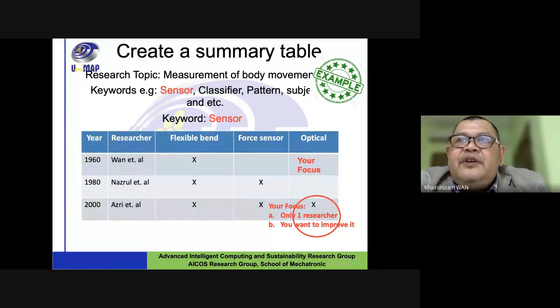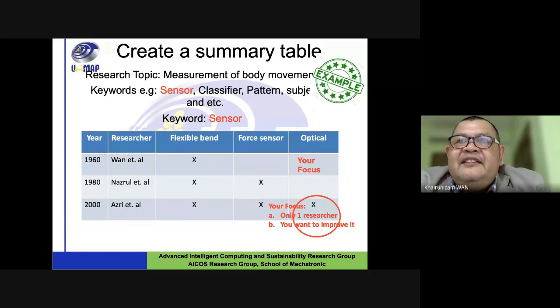And then you can define the optical sensor as a problem, as one of the problems in this research. Why do not many researchers use it? Probably because the optical sensor has a disadvantage. Okay?